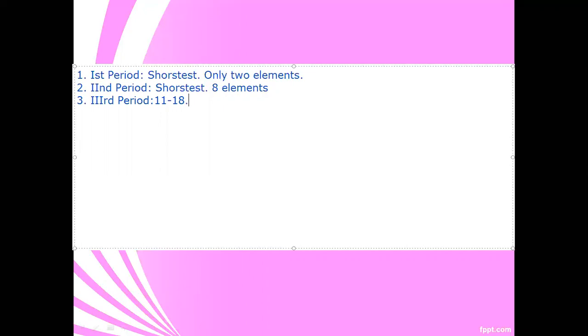So this is also called a shortest period, because it also contains 8 elements. The third period also contains 8 elements, so it is called a shortest period.